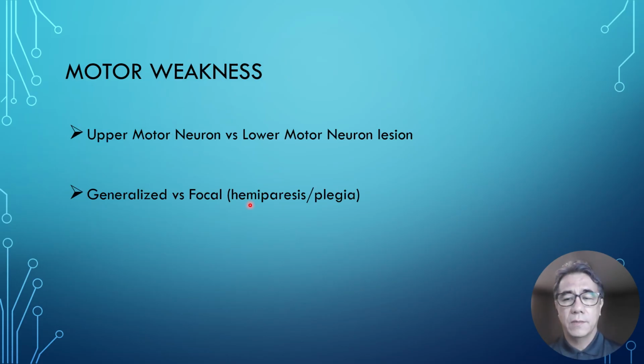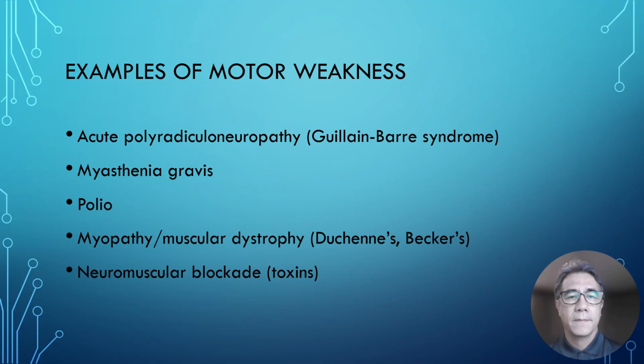So differentiate between upper motor and lower motor neuron weakness, whether it's generalized or one-sided. An example of motor weakness would be Guillain-Barré syndrome, and the lesion is often involving the different peripheral nerves, causing a demyelinating type of peripheral nerve disorder, leading to ascending weakness.